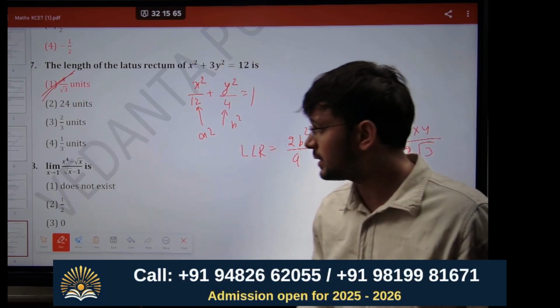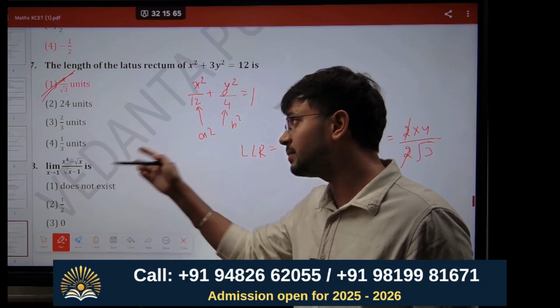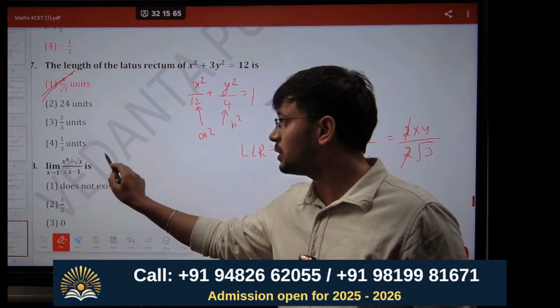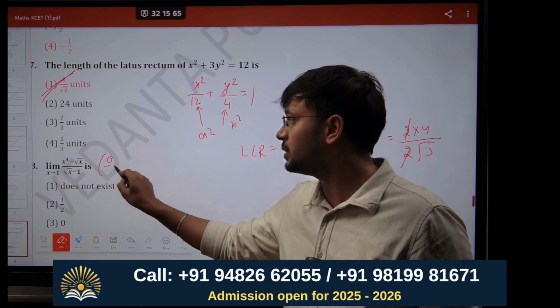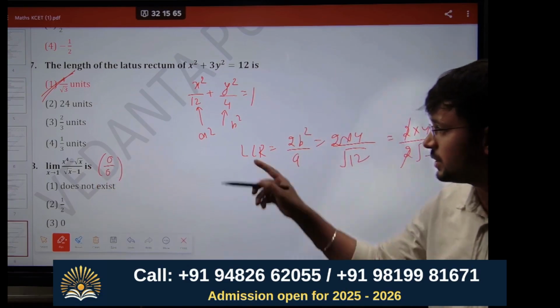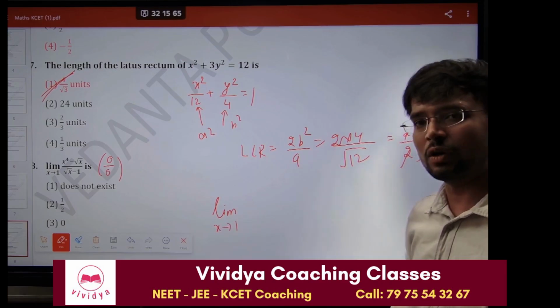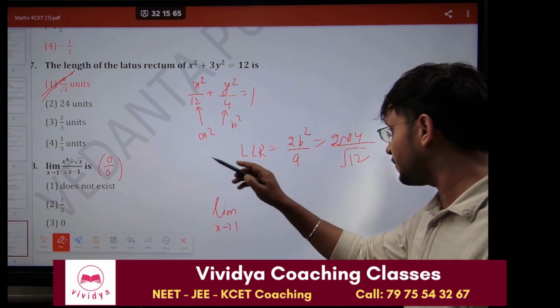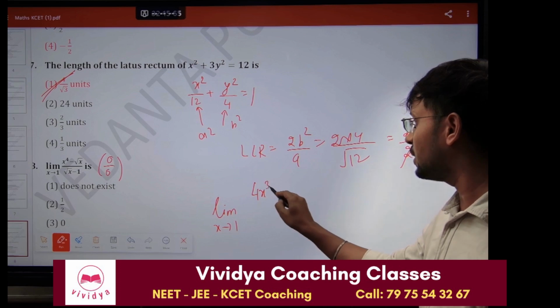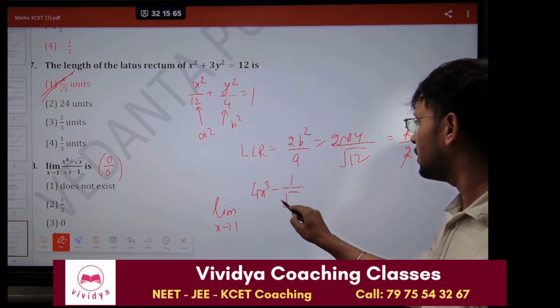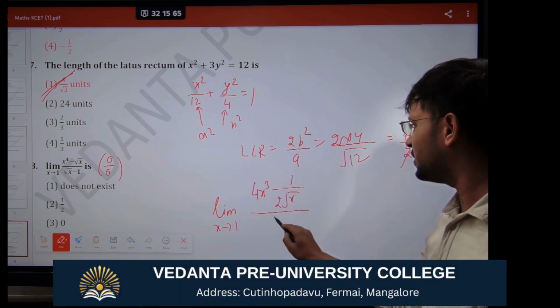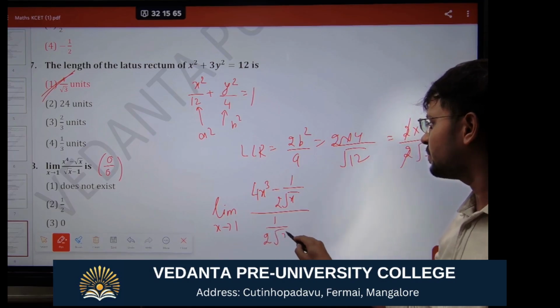Okay, now let's see this question. Again, this is very easy. If you substitute the value 1, we get 0 by 0 form, so we can use L'Hopital rule. Differentiate the numerator and denominator. So this will be 4x cube. Differentiation of 1 by root x is minus 1 by 2 root x.